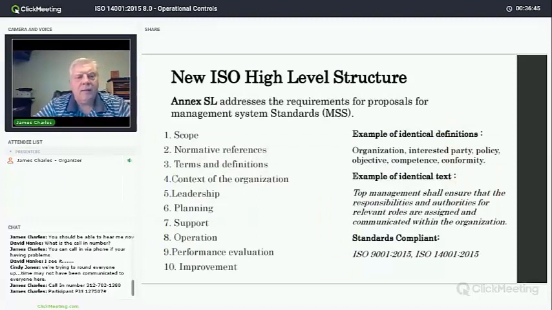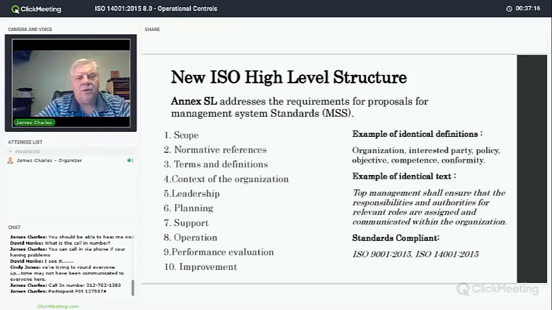Just as a reminder, the standard is now set up based on the new Annex SL format: ISO 9001:2015, ISO 14001:2015, and hopefully to be issued, ISO 45001:2017 for health and safety. These management system standards are all set up on the same 10 sections. They'll be using some of the same language.